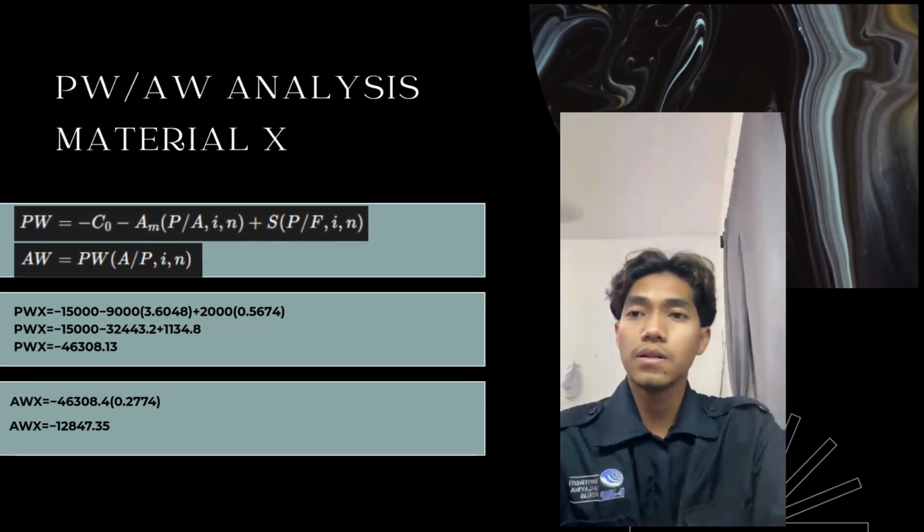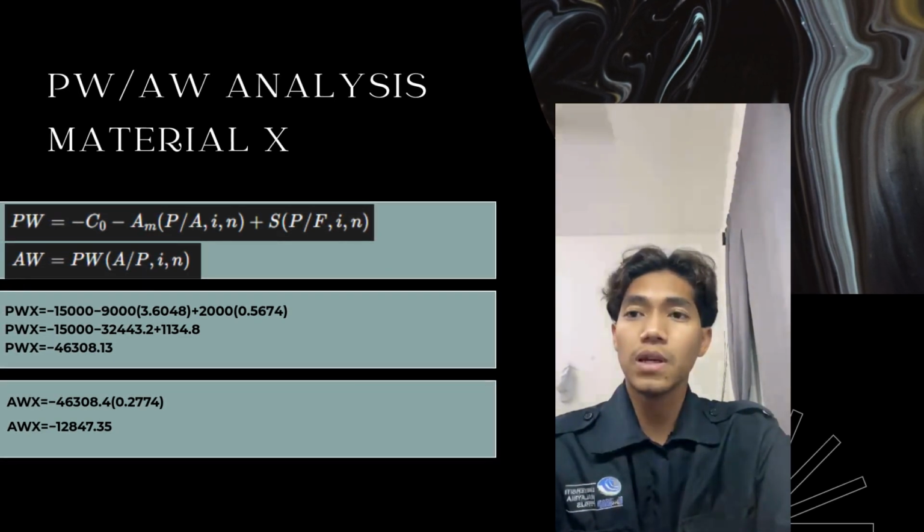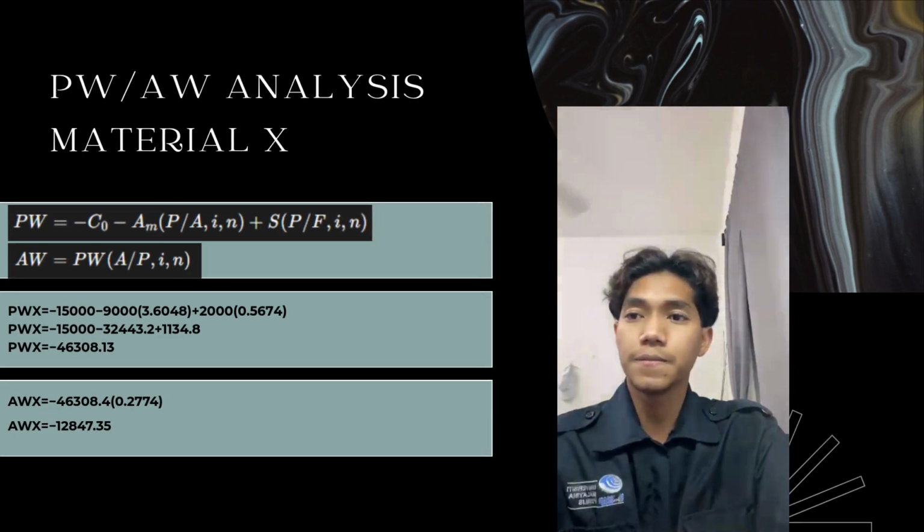So this is the calculation for material X using present worth and annual worth calculation. For the present worth calculation, the formula given is: C0 is the initial cost, AM is the annual maintenance, I is the interest rate, N is the lifetime, and S is the salvage value.